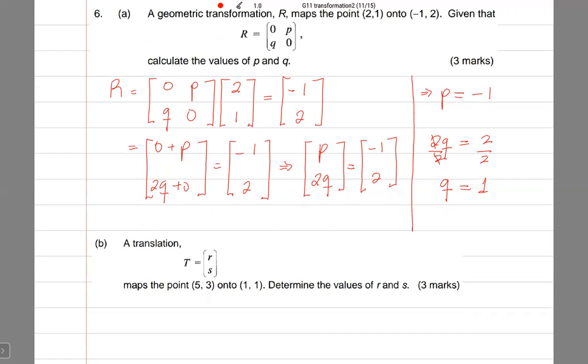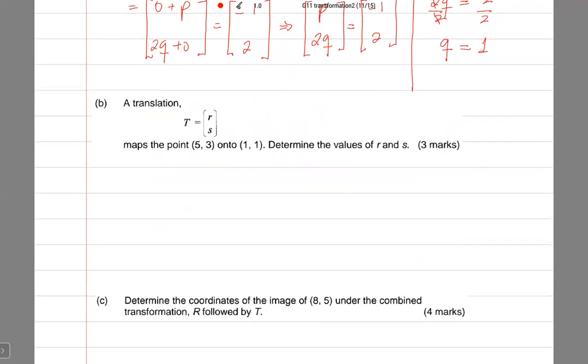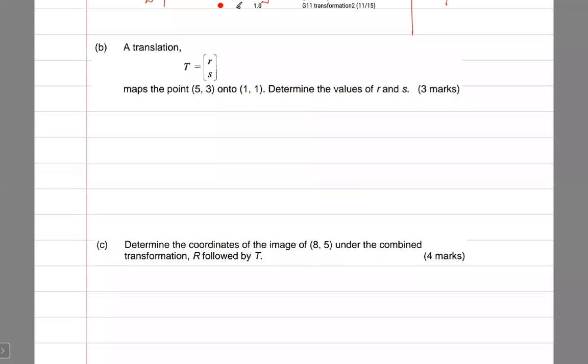Here's what B says. B says a translation T, which is R, S, maps the point 5, 3 onto 1, 1. Determine the values of R and S. Now, everybody should remember the matrix equation of translation: the point, which is 5, 3, plus T, which is R, S, is going to give you the image, which is 1, 1.